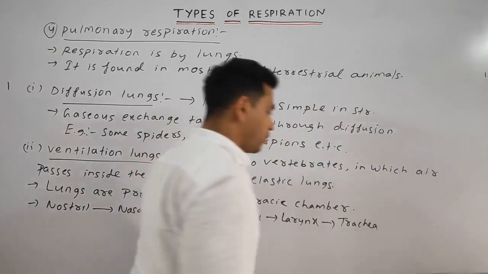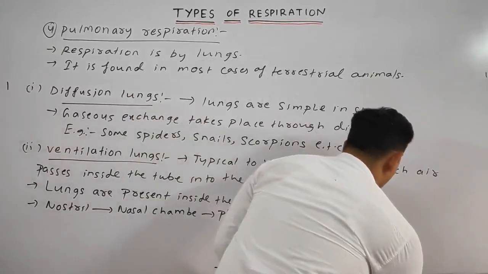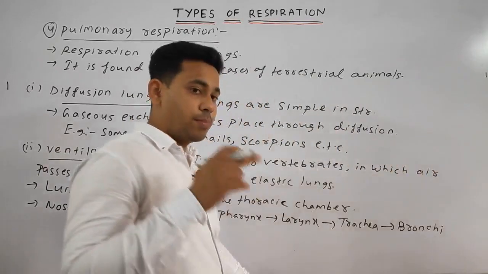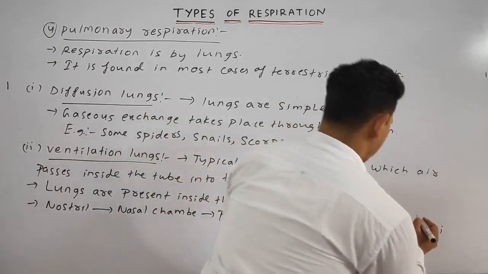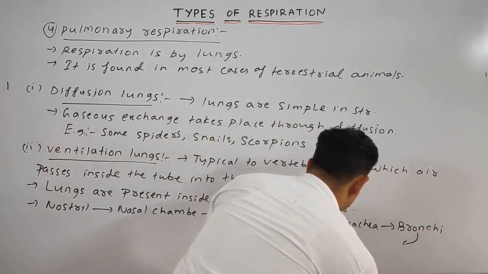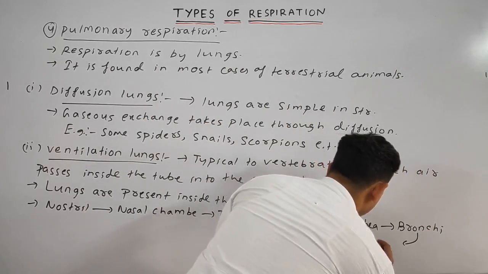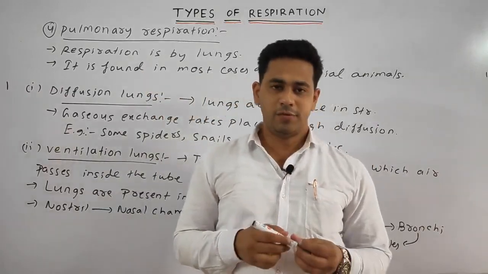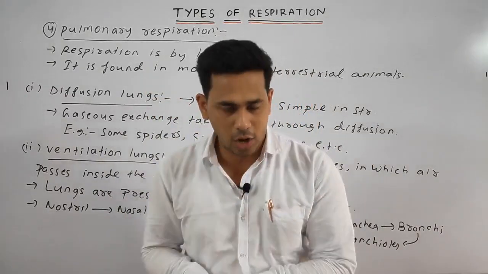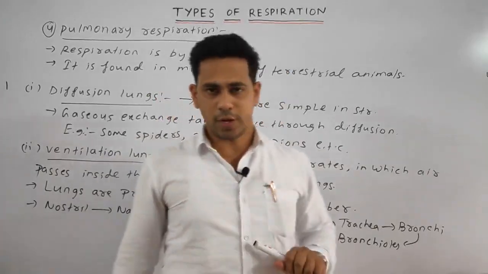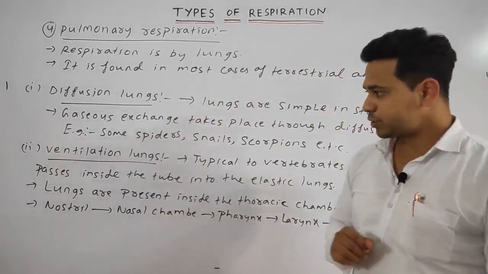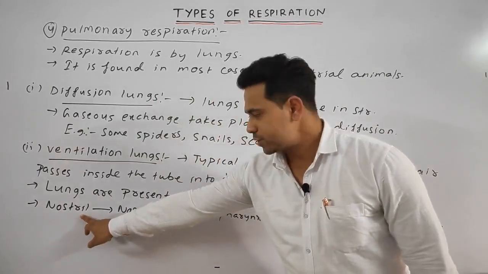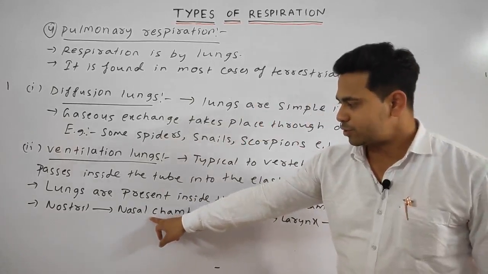Then from the trachea it will go to the bronchi, and from the bronchi it will pass on to the bronchioles. From the bronchi, various fine branches come out, by which the air passes into the elastic lungs; these are called bronchioles. So this is the passage of the air. First the air comes into the nostrils. From the nostril the air will pass to the nasal chamber.